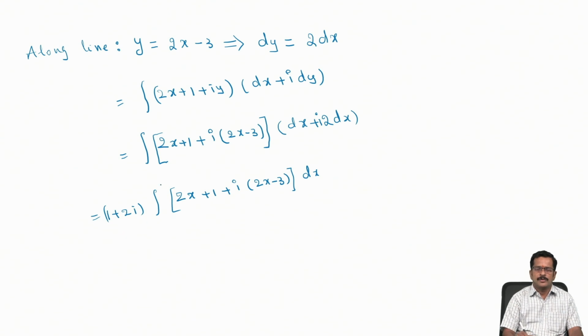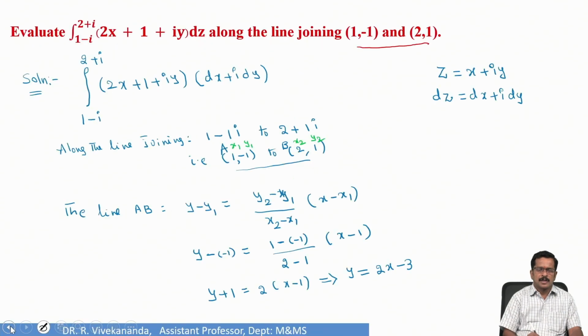Now we have to take the limits. The line is joining from (1, -1) to (2, 1), so the x limits are varying from 1 to 2.